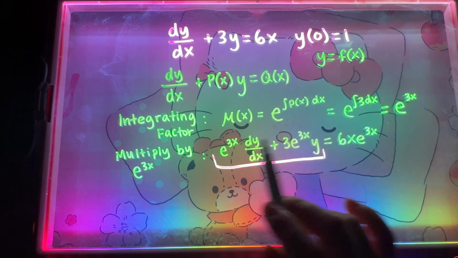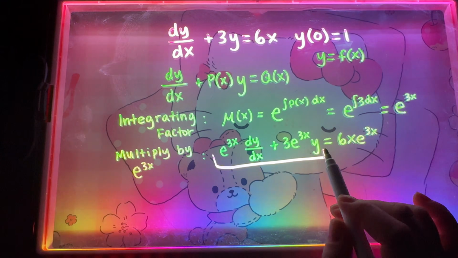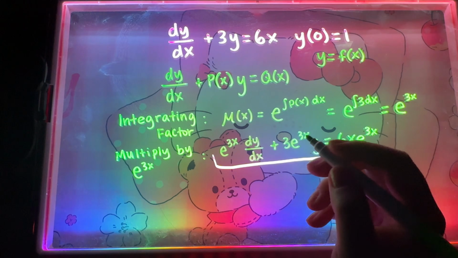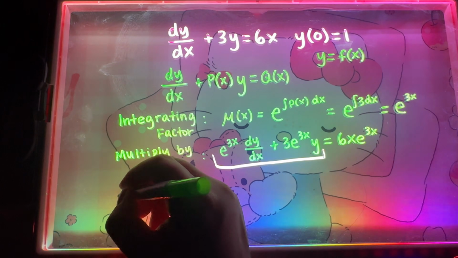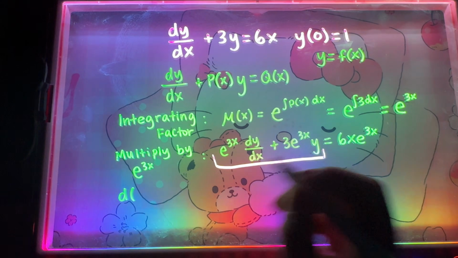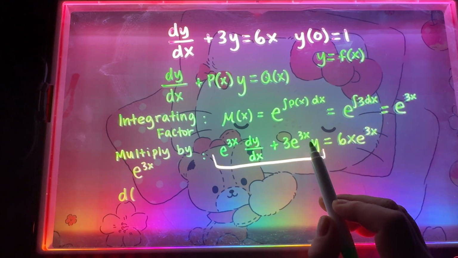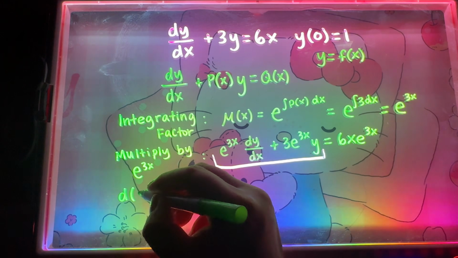So it's the derivative of, let me write it out, d of e to the 3x y.